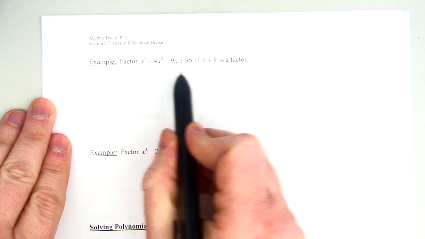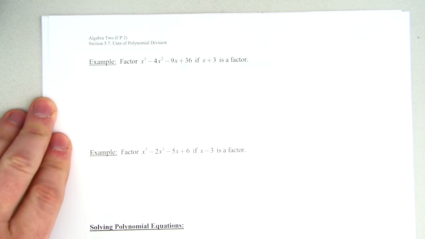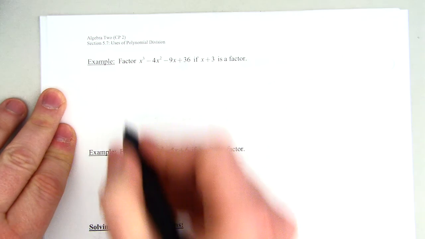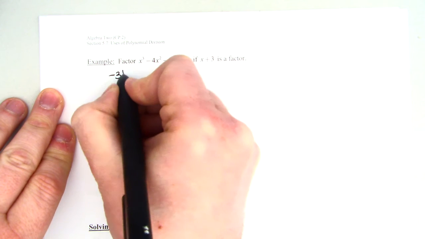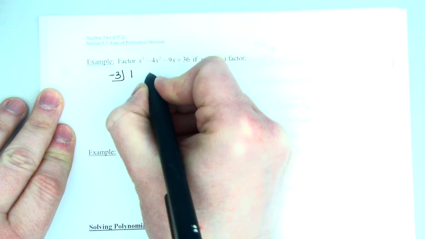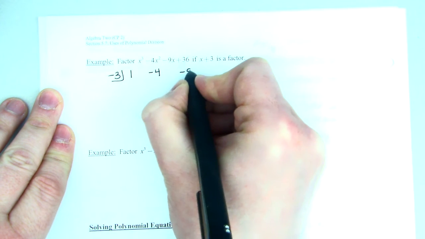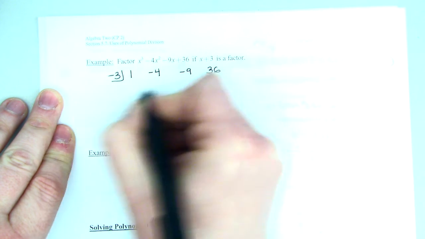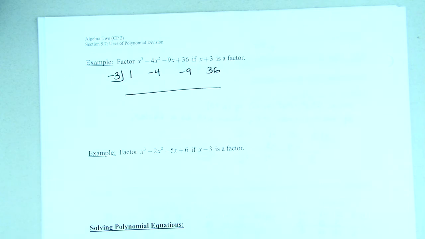Let's see what we can do with the next one. I want to try to factor this thing. If I tell you x plus 3 is a factor, well, negative 3 in the box, 1, negative 4, negative 9, 36. Do your division and give me the answer to the division problem in Edpuzzle.